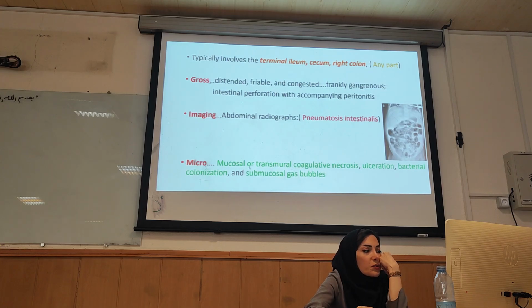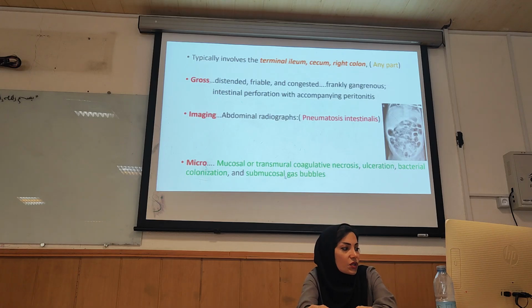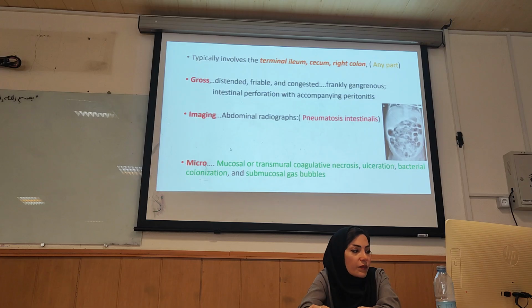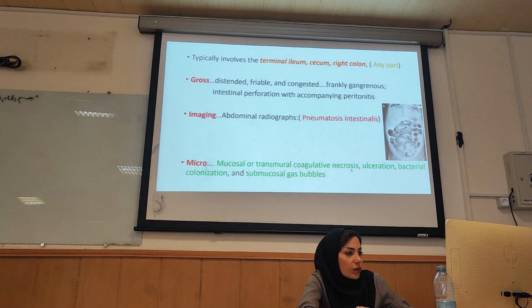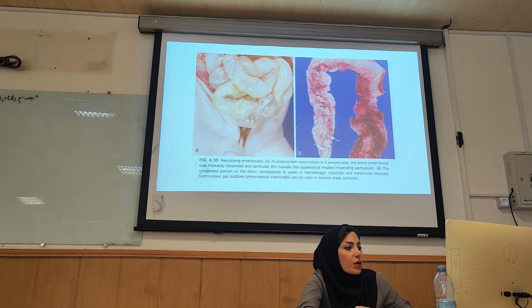In microscopic description, you see mucosal or transmural coagulative necrosis, ulceration, bacterial colonization, and submucosal gas bubbles. In the next slide, you see pictures of these microscopic elements. In this slide in gross examination, some submucosal gases or distended intestinal wall is evident.